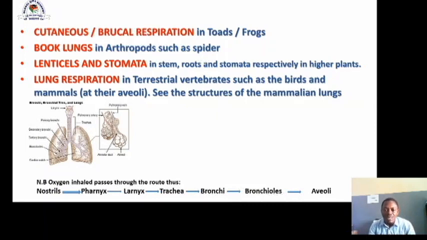When you look at this mammalian lung as shown in the diagram, we have the larynx, we have the trachea. Look at this trachea, this tube-like structure, and when it branches into bronchus.